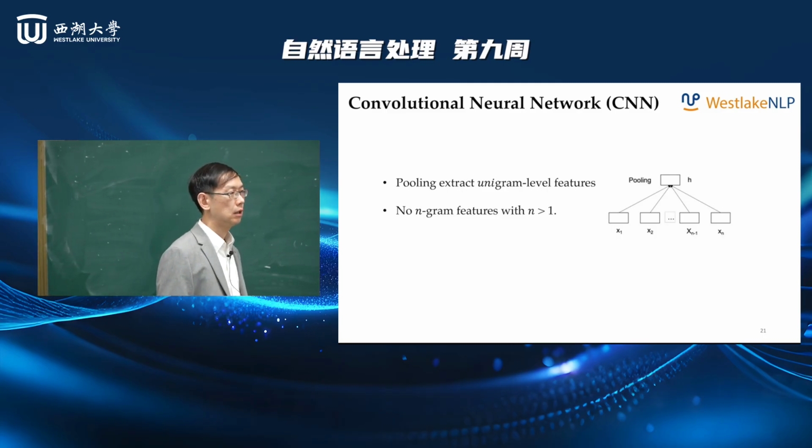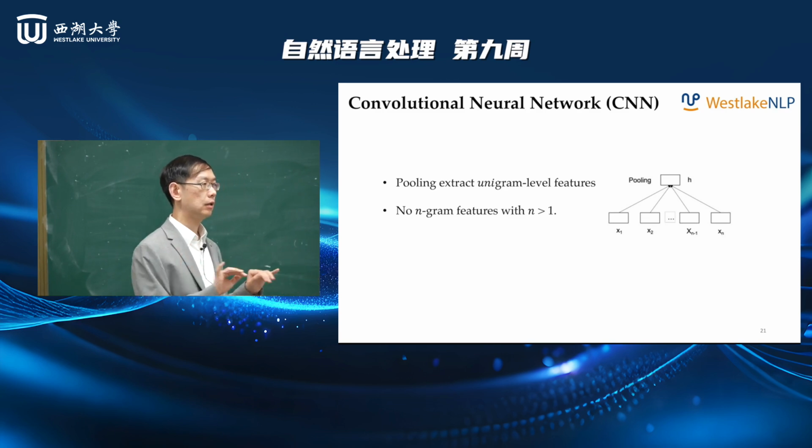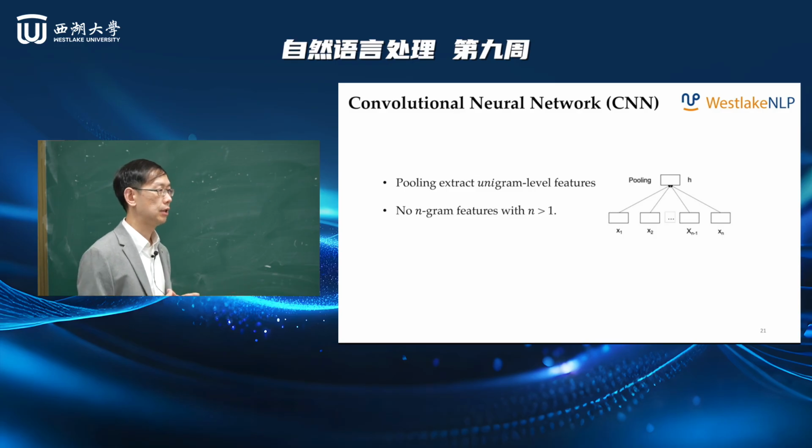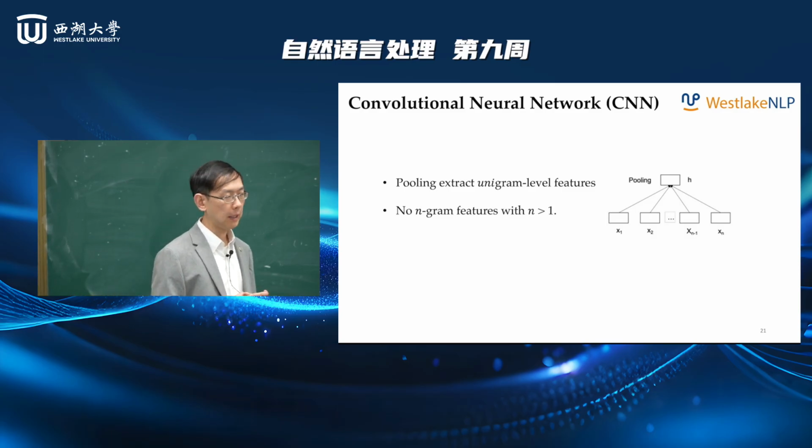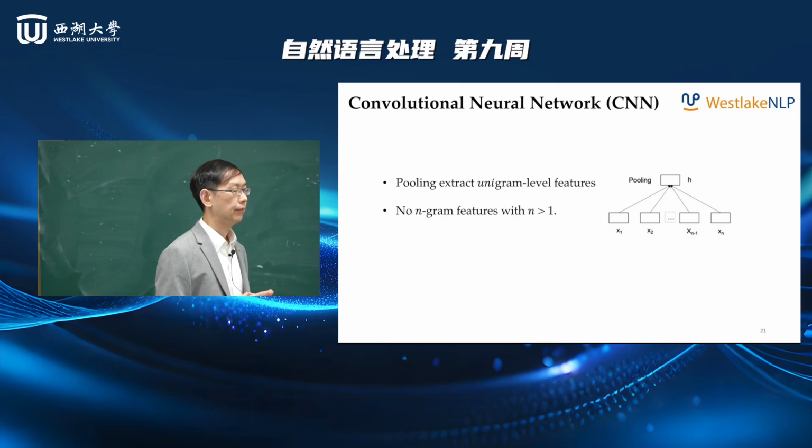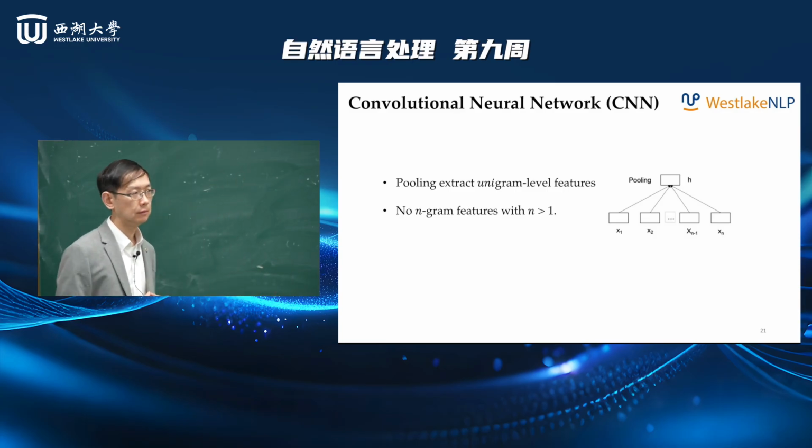It doesn't consider the word order, for example, because you're treating each word similarly in your equation, right? And also it doesn't consider n-gram features. Every word is on its own when you do the aggregation.